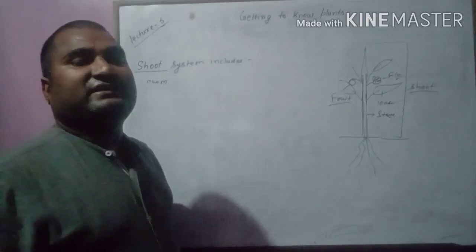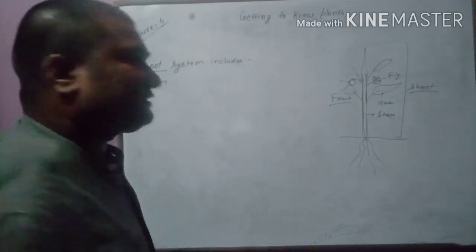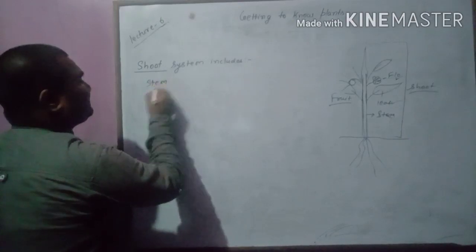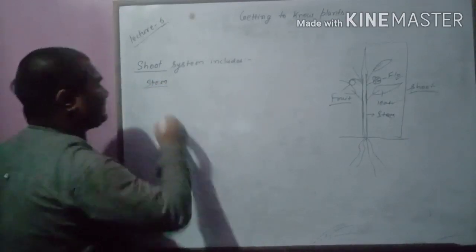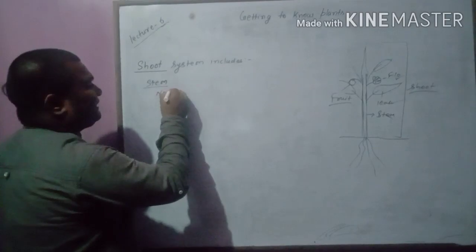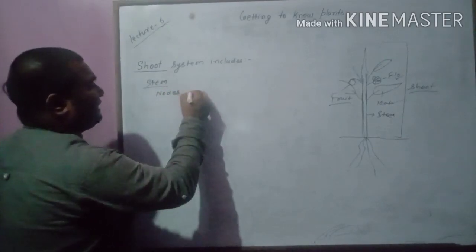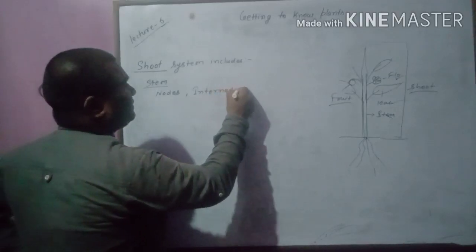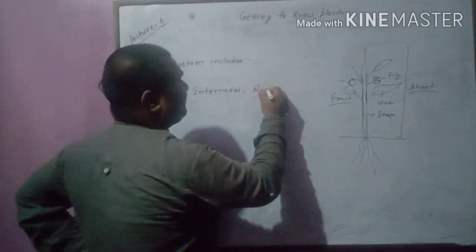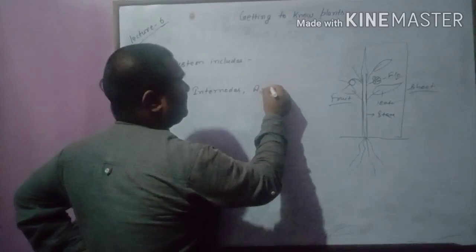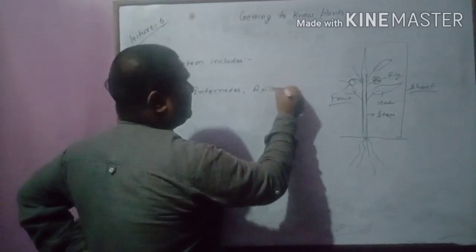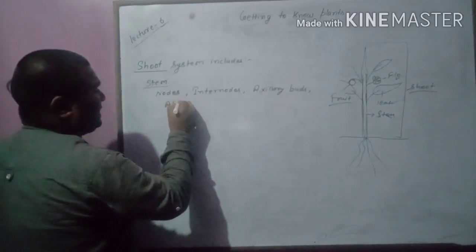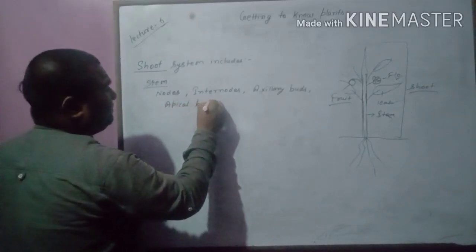If we are studying stem, some points have to be discussed. That is nodes, internodes, axillary bud, and apical buds.